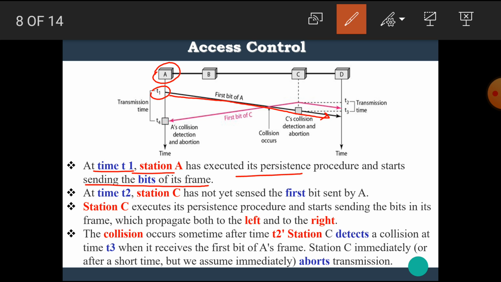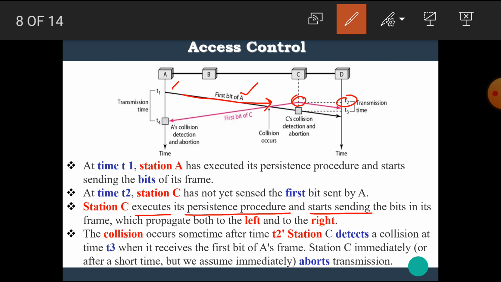At time t2, station C has not yet sensed the first bit sent by A. That means at time t1, station A transmits its data, but at time t2, station C has not sensed the first bit of A. Station C executes its persistent procedure and starts sending the bits of its frame, which propagates both to the left and to the right.